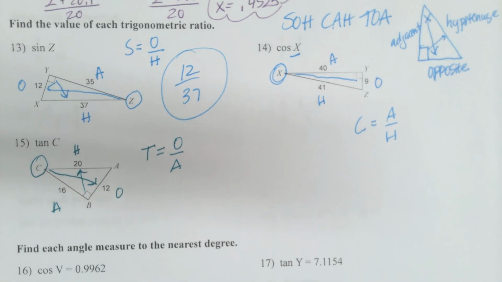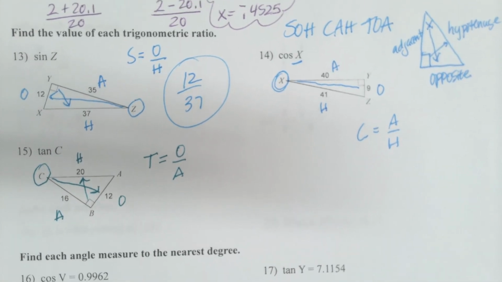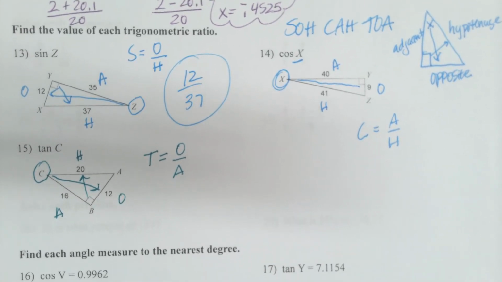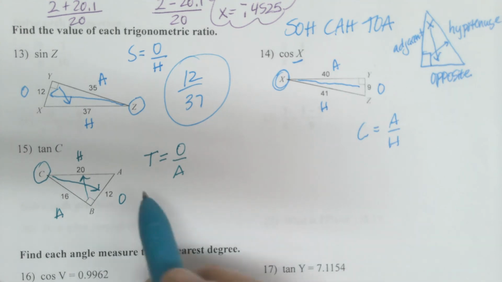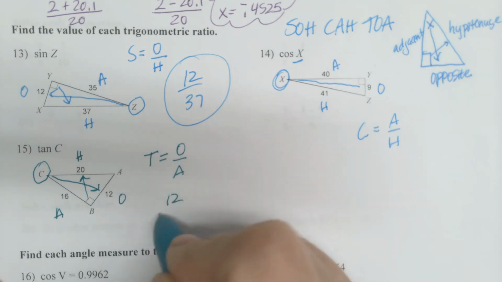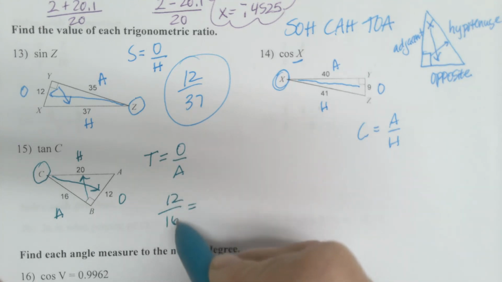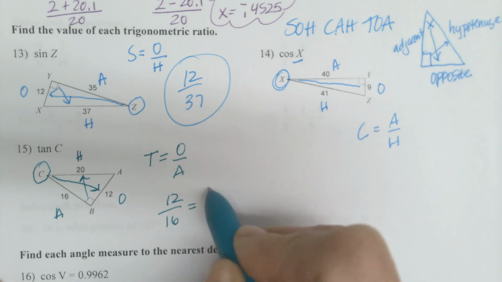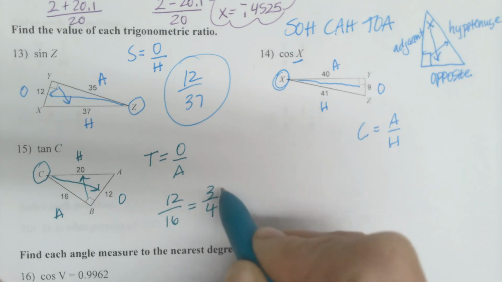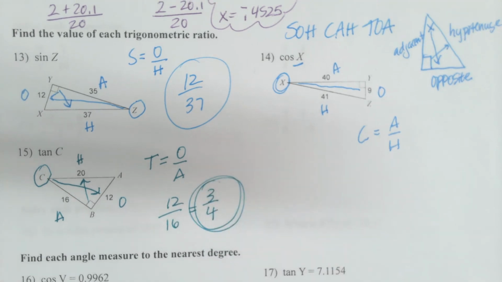Again, once you get your setup down, it's just picking the right letters. This one is 12 over 16. If I can reduce it, I'll reduce it. I can divide those both by 2, 4. So there's my final answer.